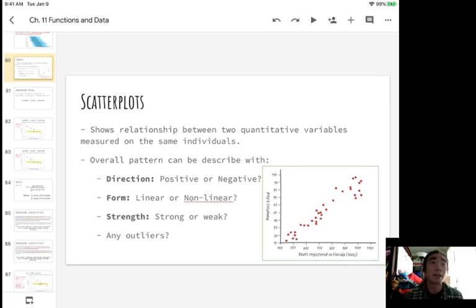Good. It's linear. Looks like a line. And in terms of strength, I could draw a better line than that. Yes, if I drew this line, what's the strength? Is it strong or weak? Yeah, pretty strong in this case. It would have to be very far away for it to be weak. And in this case, I don't think we have any outliers. They're all pretty close together.